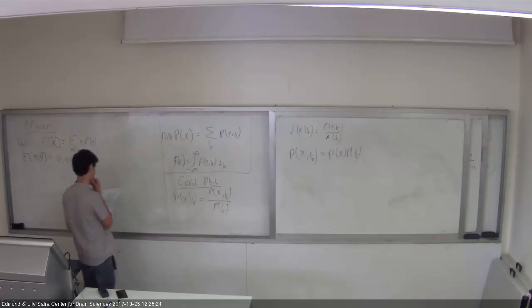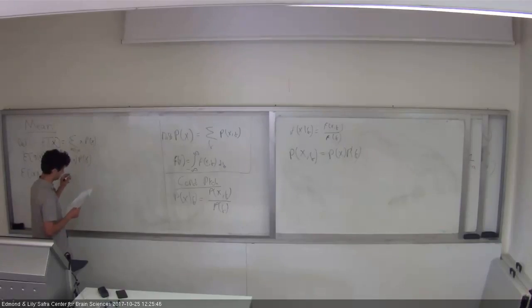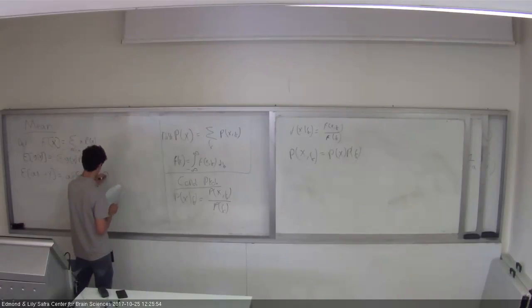And one of the most important properties is that the expectation is linear. That means that if we have two random variables x and y and some constant a, the expectation of a x plus y is equal to a times the expectation of x plus the expectation of y.